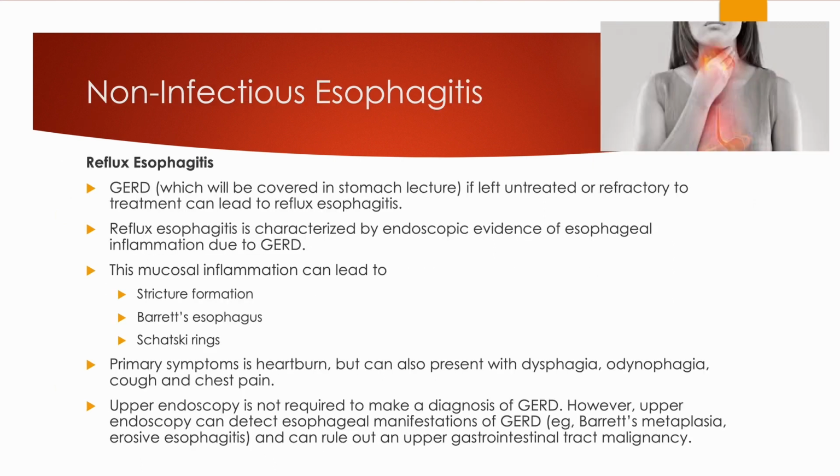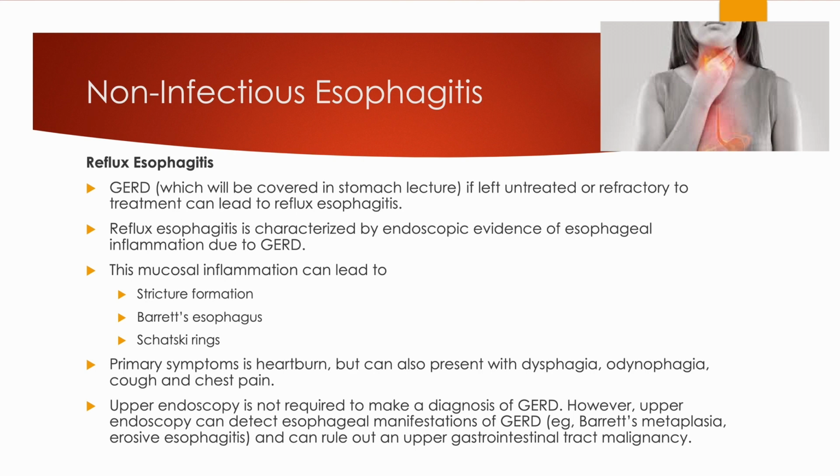Moving on to the non-infectious esophagitis. Reflux esophagitis is the most common type of esophagitis. This is not infectious, obviously, but it's caused by GERD. We'll cover GERD more in depth in the stomach lecture. But essentially what happens is the lower esophageal sphincter, the gateway between the stomach and the esophagus, tends to be loose.